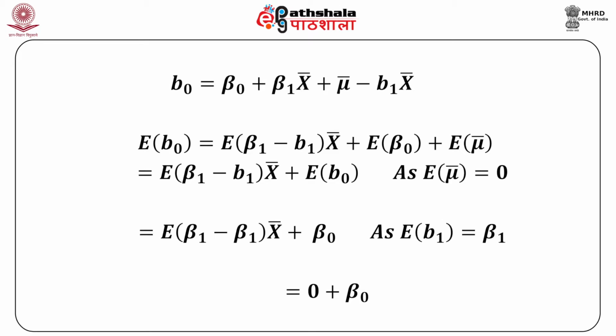Therefore, 0 plus beta naught. Hence, expectation of B naught is equal to beta naught. This proves that B naught is also an unbiased estimator of beta naught.